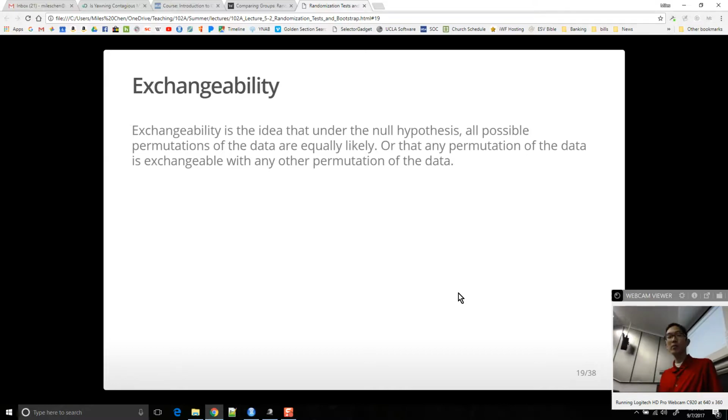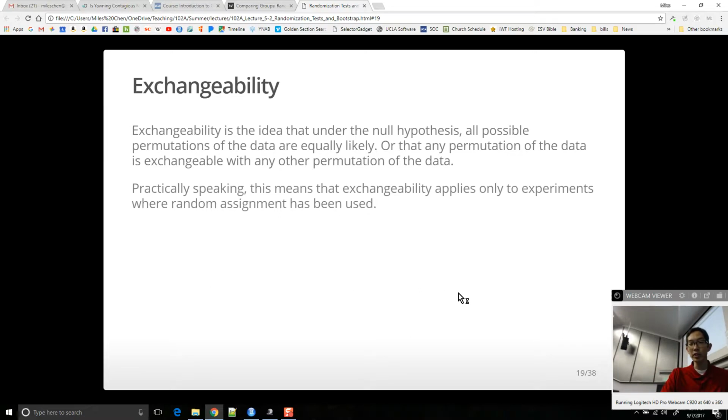Here we're saying that every single one of those is equally likely, and we can exchange one permutation with another permutation. So on a practical level, exchangeability applies only to experiments where random assignment has been used.